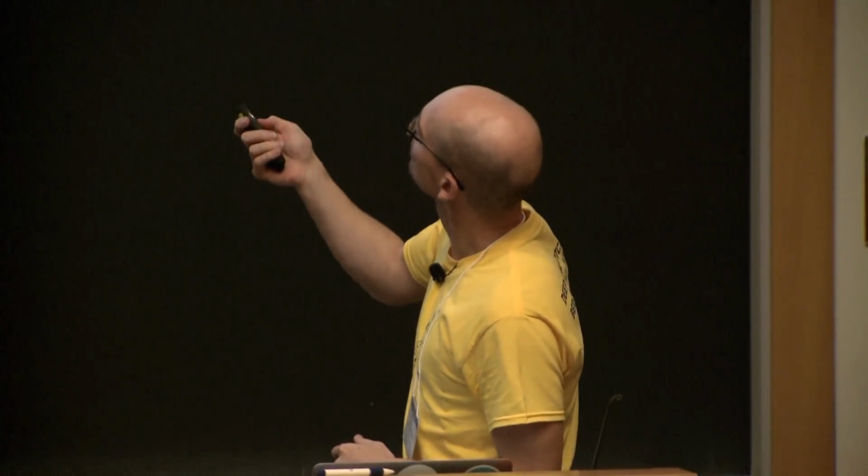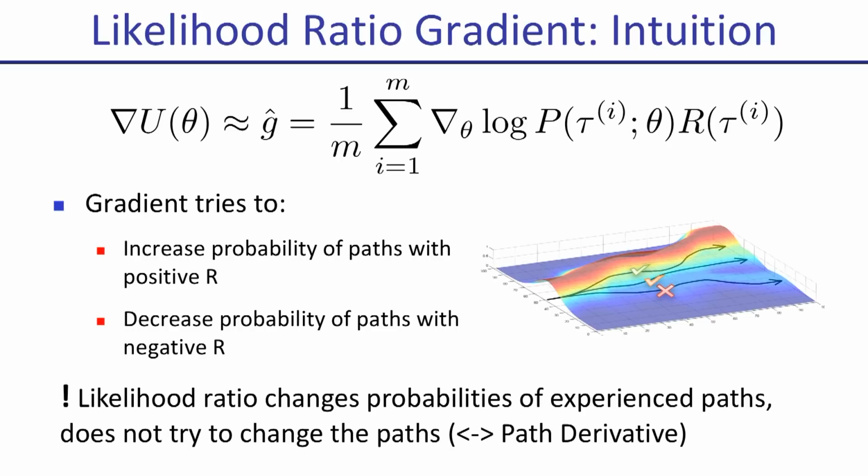Question? Can you explain why exactly this relates the gradient and the probability of the path? Okay, so this quantity here is looking at the derivative of the log probability of a trajectory with respect to your parameter vector theta. If your reward is positive, then this will increase. This is saying if you do an update, so you compute the gradient and I say I'm going to change my parameter vector theta in the direction that the gradient is pointing me to, then the consequences of that change will be that you increase the log probability of the better paths.